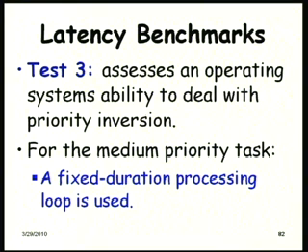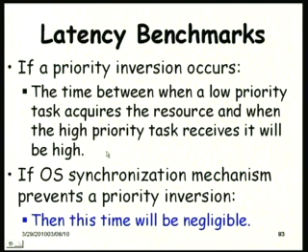But if we find that it varies depending on how many medium priority tasks run, then we know that it is not handling the unbounded priority inversion. So, if a priority inversion occurs, the time between the low priority task acquiring the resource and the high priority task receiving it will be high.